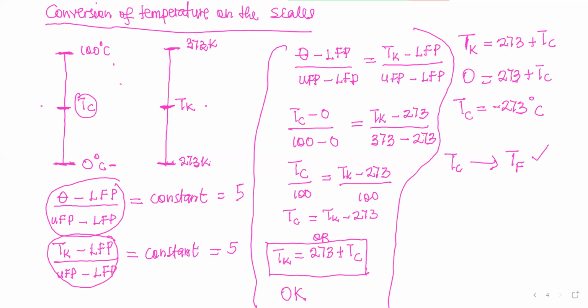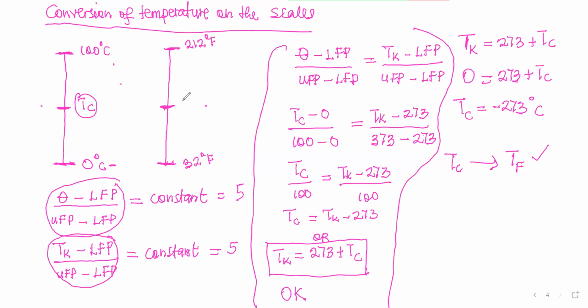Okay, so let's see. TC against TF. We have the Celsius scale here. So let's just clear this and use it for Fahrenheit. The lower fixed point 32, upper fixed point 212.